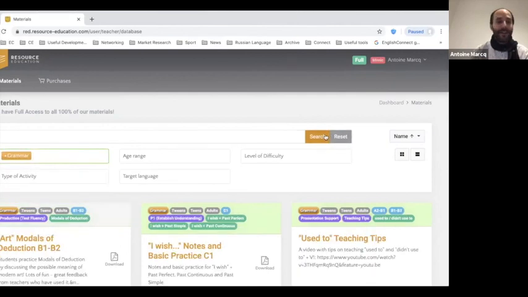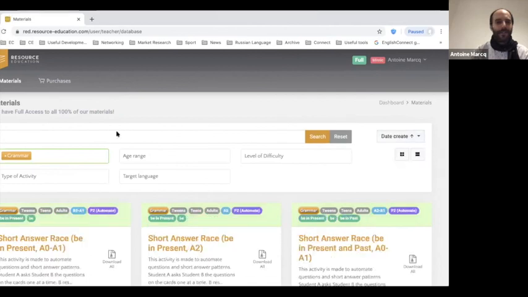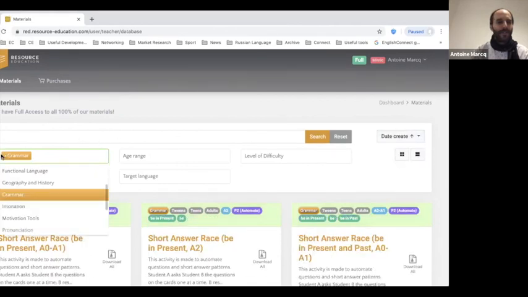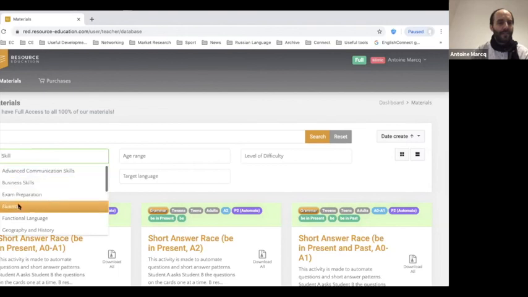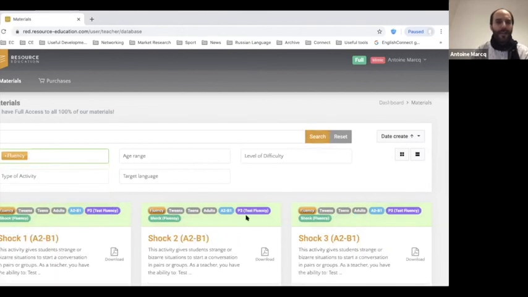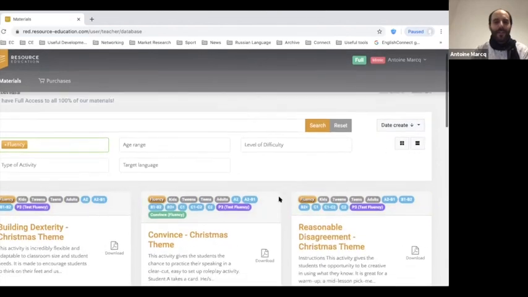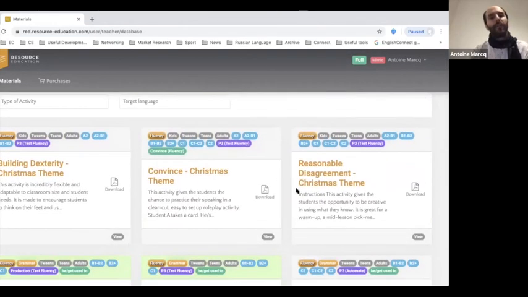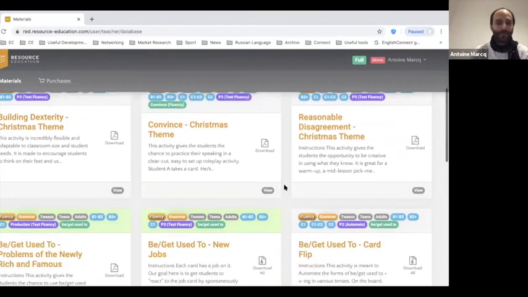And we also have three P3 style Christmas theme activities. So we have building dexterity, a Christmas theme convince that I find lots of fun, and a reasonable disagreement Christmas theme.